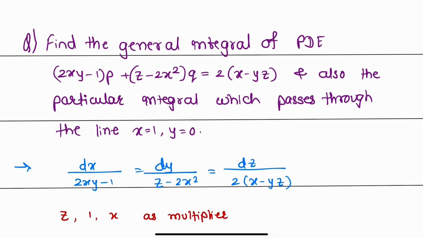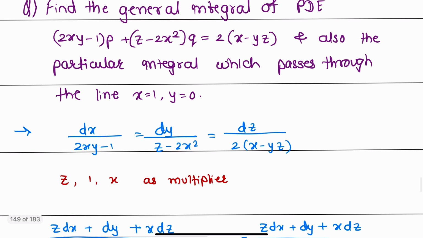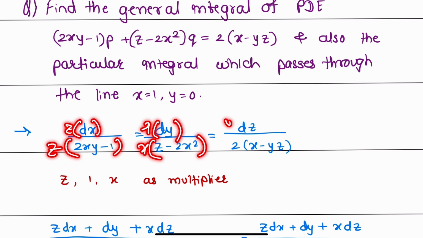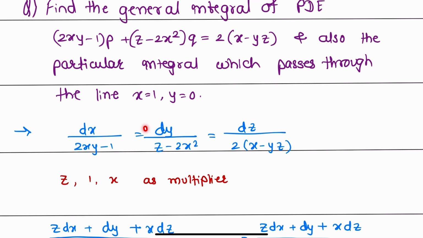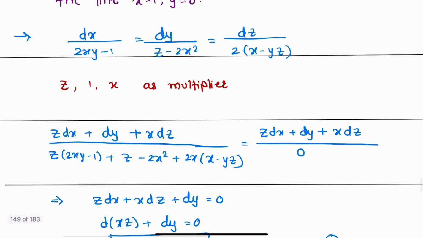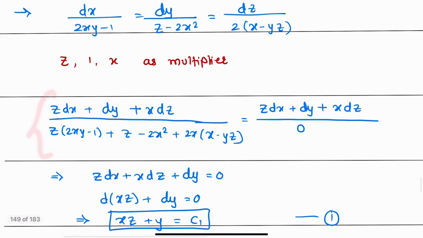Now, if we take multipliers as z, 1 and x, what will it be like? We will multiply here by z, here by 1, and here by x. So this is what we will get.